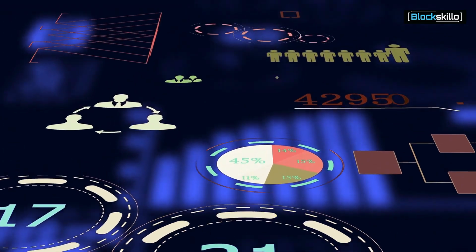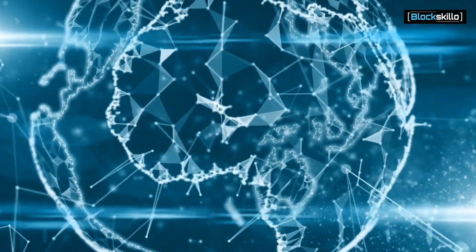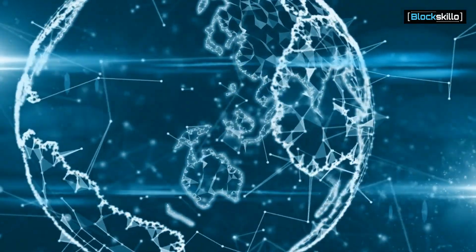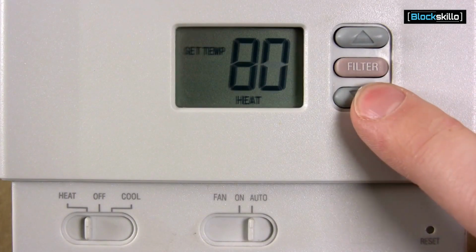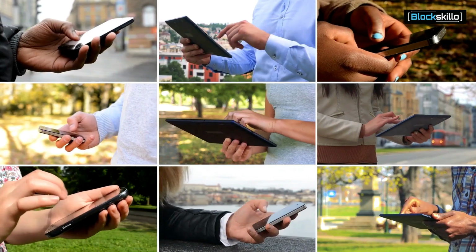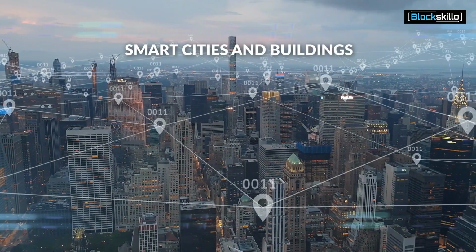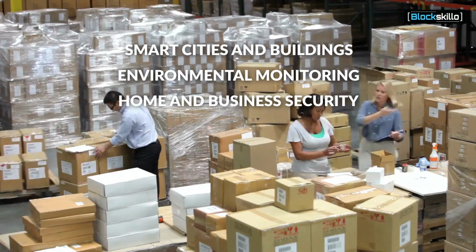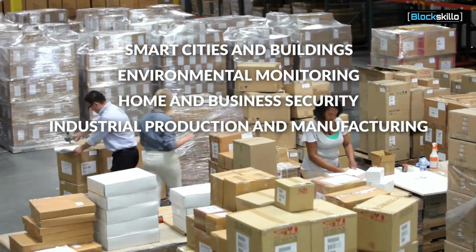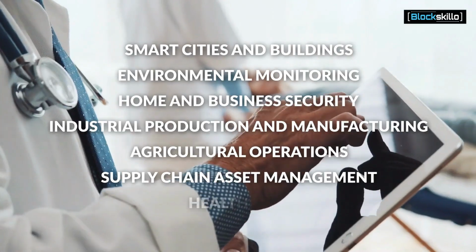According to IoT Analytics, Helium services now support over 70% of all IoT device connections worldwide. It was initially used for gas and electric utility meter reading and maintenance, but now it has penetrated multiple IoT sectors, including smart cities and buildings, environmental monitoring, home and business security, industrial production and manufacturing, agricultural operations, supply chain asset management, and healthcare.